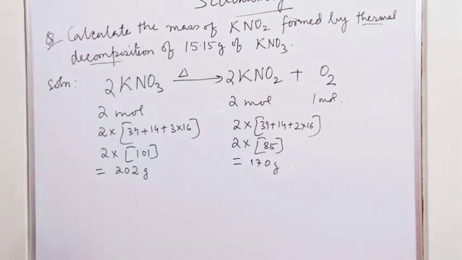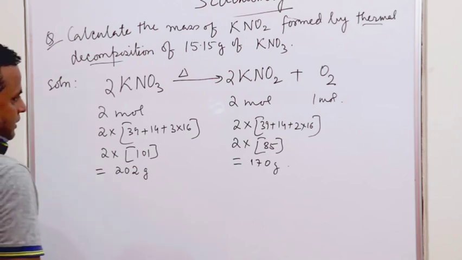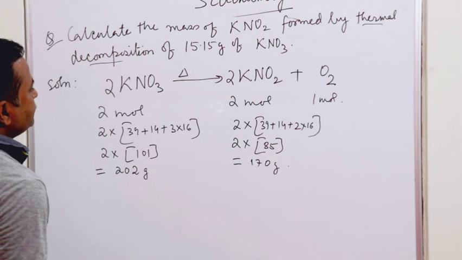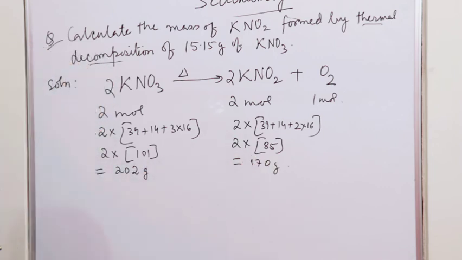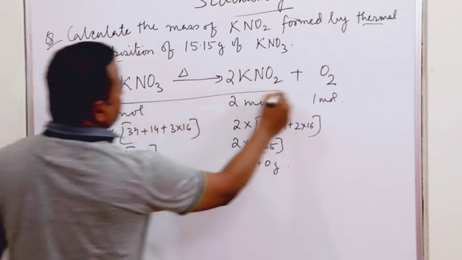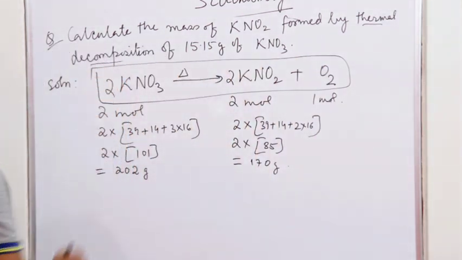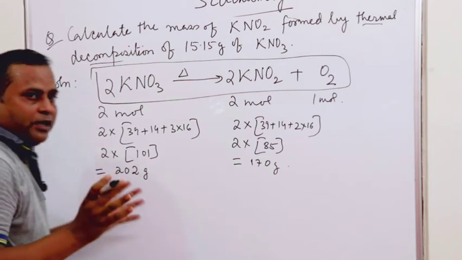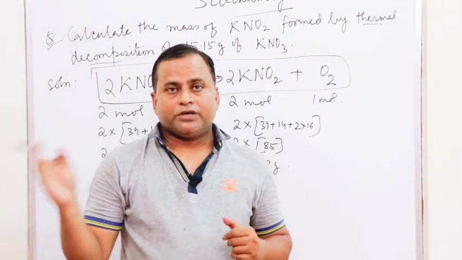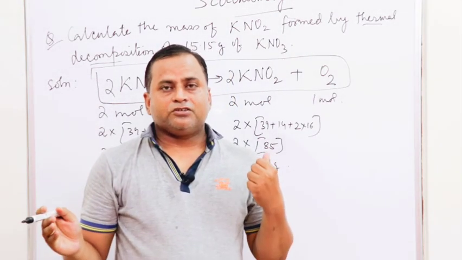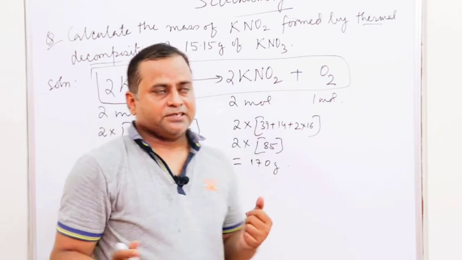Now you are asked to calculate the mass of KNO2 formed by thermal decomposition. So we have tried to find the molar ratio, that is 202 gram and 170 gram. Now you have to follow the unitary method to solve this question, and we have to frame the statement in such a way that what is asked we write on the right side, and what is given in the question we write on the left hand side.